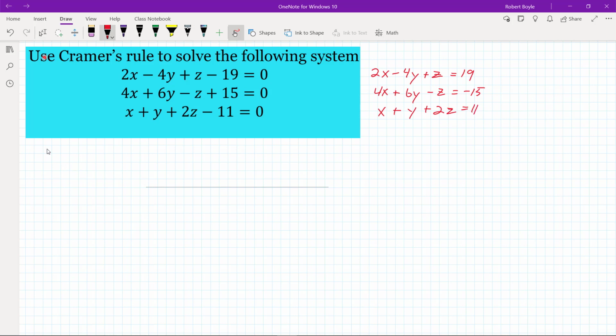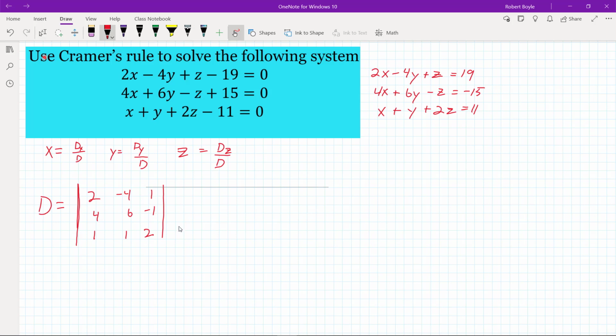Okay, so once again, x is going to be equal to dx divided by d. y is going to be equal to dy divided by d. And then z is going to be equal to dz divided by d. What is d? Well, d is going to be the determinant 2, negative 4, 1, 4, 6, negative 1, 1, 1, 2.